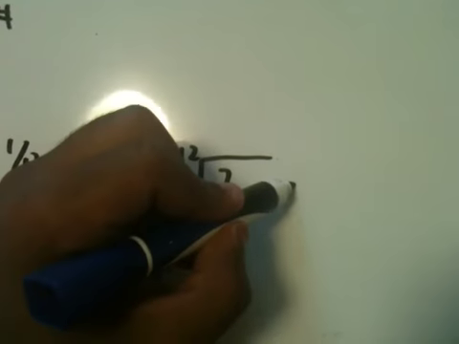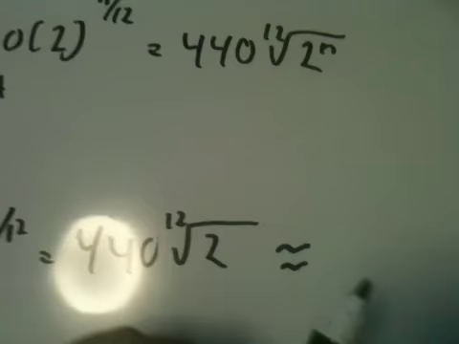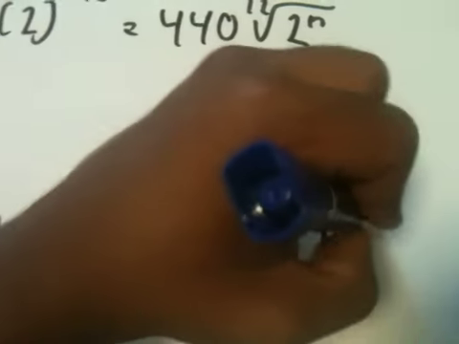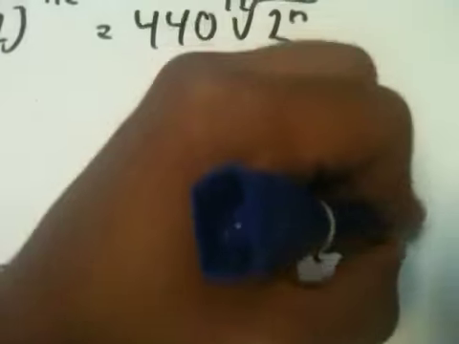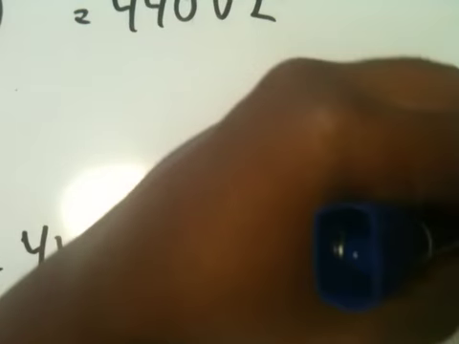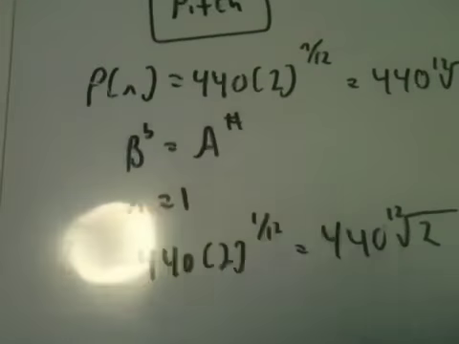So it gives me 446.16. Oh, it's 466. I'm sorry. So the frequency of B flat above A440 is 466.16 hertz. So that's B flat.